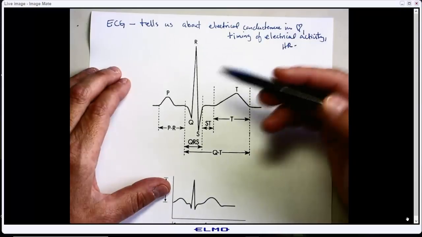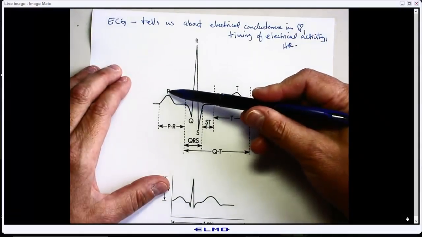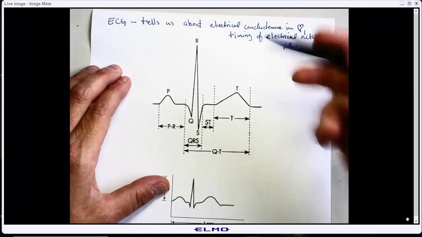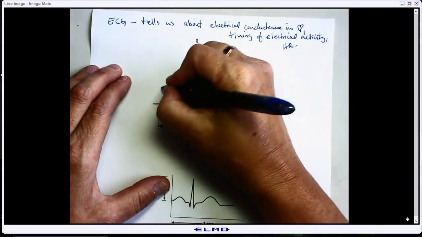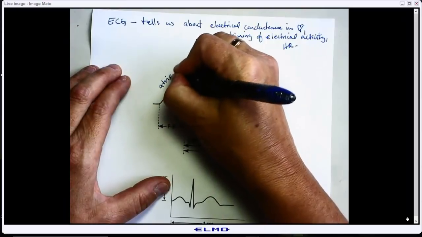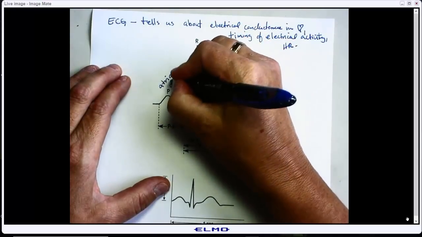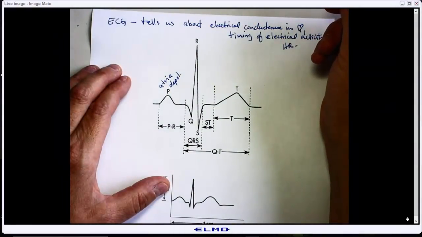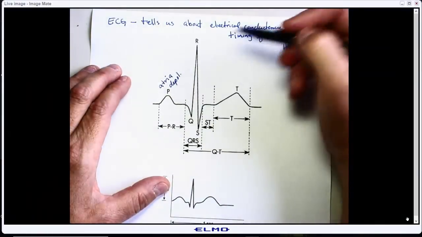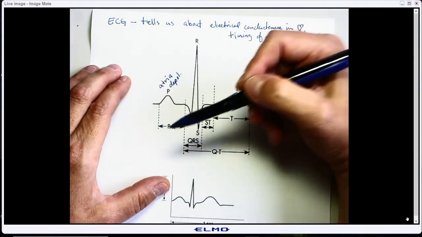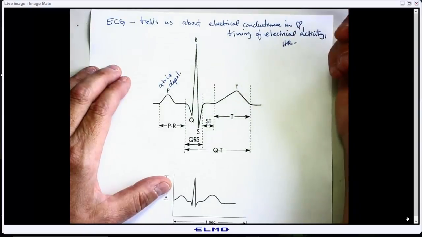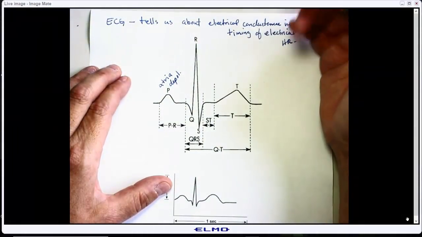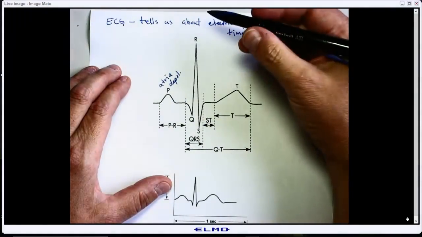So we note that the P wave is atrial depolarization. This upward swing is a manifestation of atrial depolarization. Okay, so the atria depolarizing, that is, you remember the action potential where it was going from its resting membrane potential to a more positive membrane potential, that shows up here as a waveform, okay? The P wave, we call it.